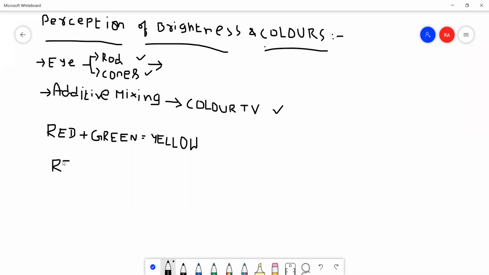So red plus blue will form a purplish red shade, which is technically known as magenta.